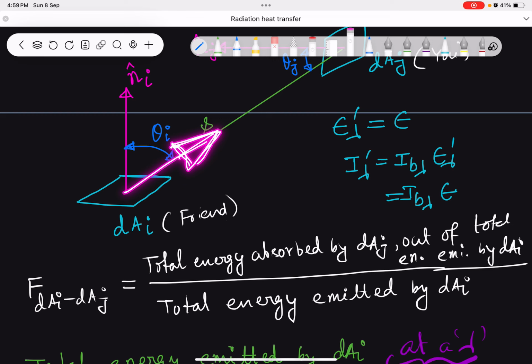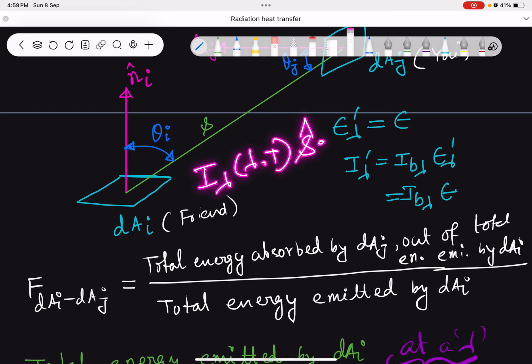Okay, so when I am writing this, to take care of this direction factor, the total energy that is going from this area in this direction is equal to, I think you will appreciate this expression, I lambda, a function of lambda and t, into s dot ni.